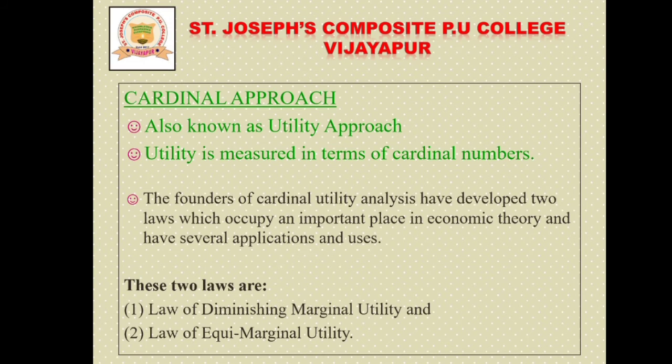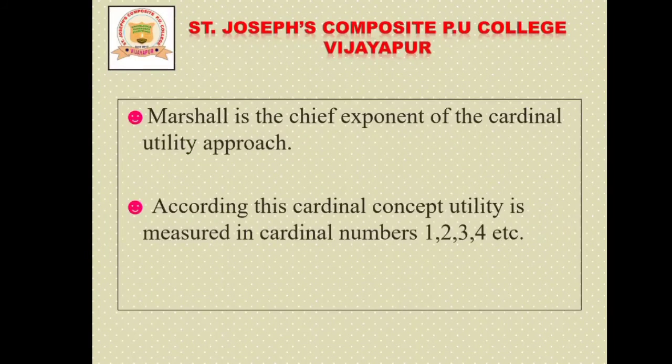The law of diminishing marginal utility is a 6 marks question, which we will discuss in detail later. The chief exponent of the cardinal utility approach is Alfred Marshall.